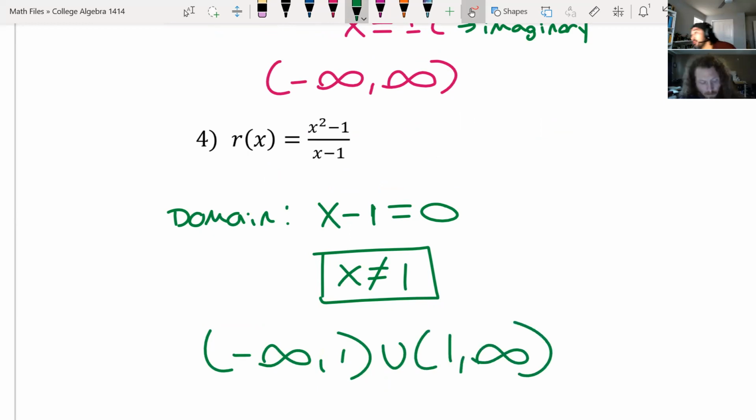But before I move on from this problem, go ahead and look at the numerator of this function.